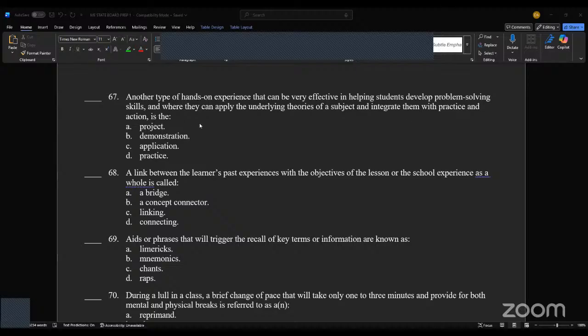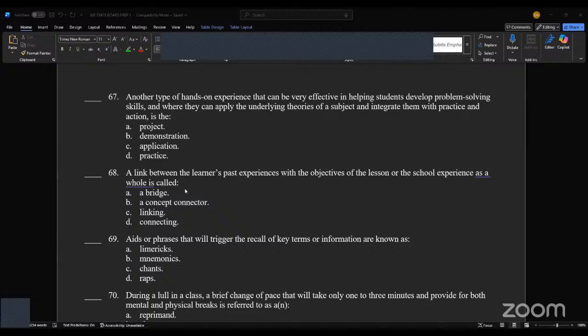Okay, give them a project. Okay, I can see that. 67A, we're giving the students a project. They have to build something, figure something out. Okay, 67 is A.